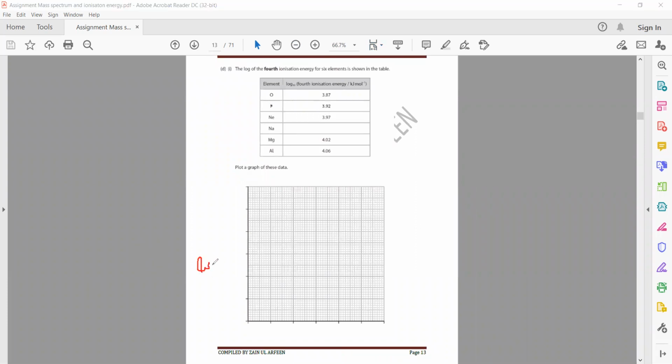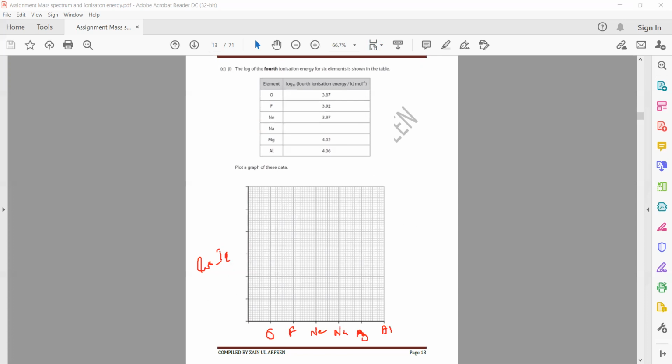Here we have the log of ionization energy, and we have elements such as oxygen, fluorine, neon, sodium, magnesium and aluminium.